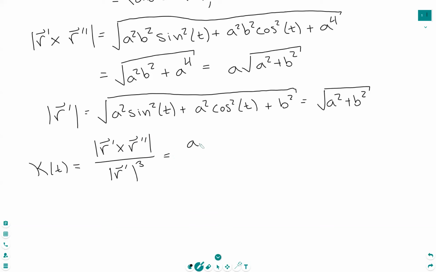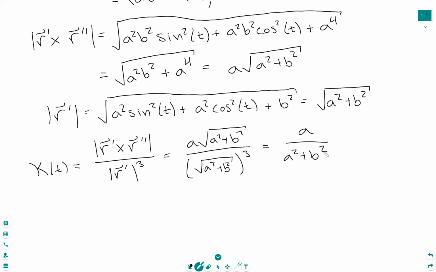So this is the square root of a squared plus b squared over the square root of a squared plus b squared cubed. This just leaves us with a over a squared plus b squared. That's a pretty nice form considering all of the work that we went through, right?